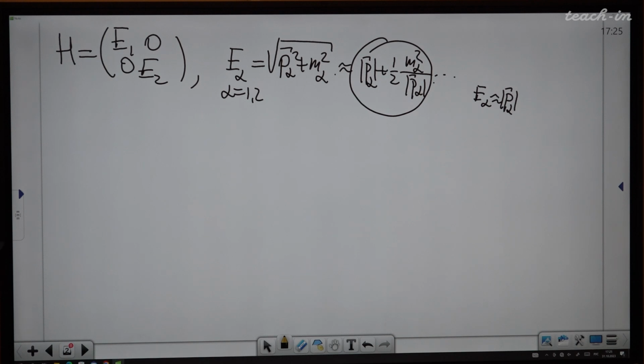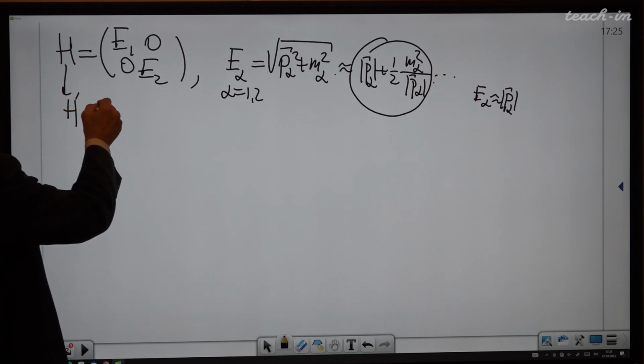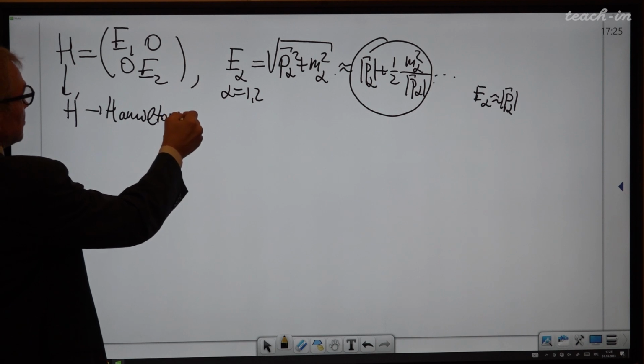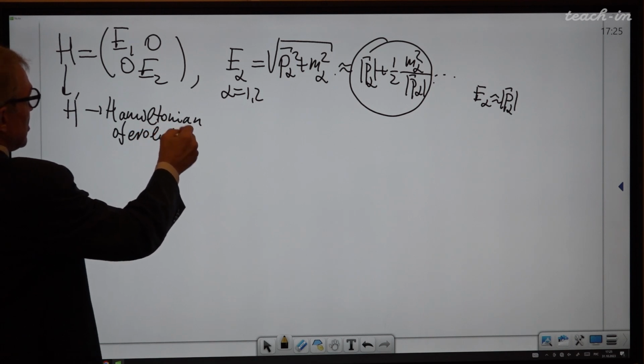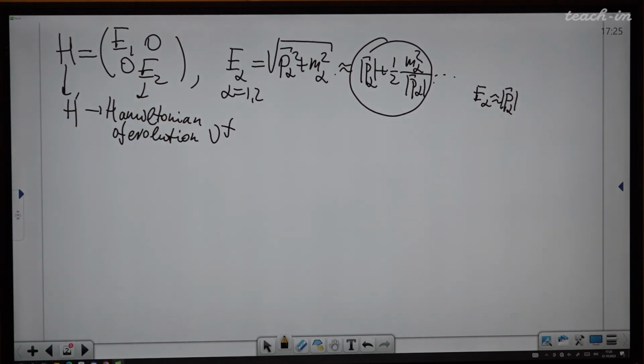Then we derive the Hamiltonian of evolution of flavor neutrino states using the relation between mass and flavor states, and using this exact expression for the mixing matrix.